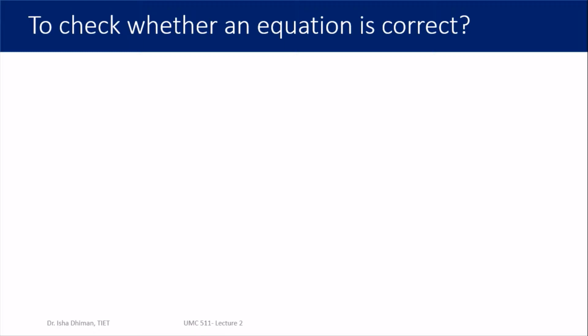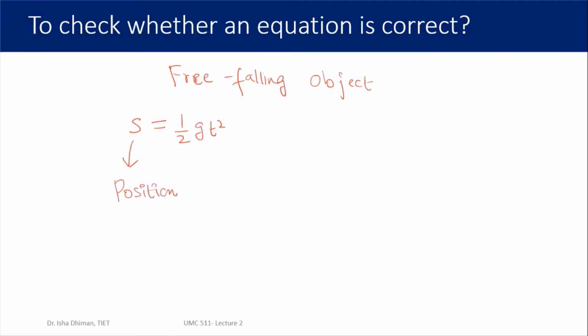Let's have an example of a free falling object which you have just dropped from a certain height, and I know this equation is basically controlling the motion of it, where S is representing its position or the distance covered at a particular time t, t represents the time, and g is the acceleration due to gravity.